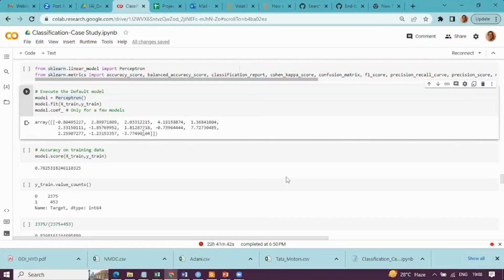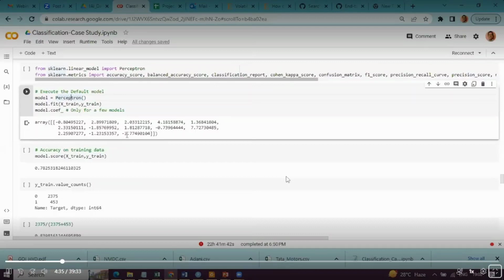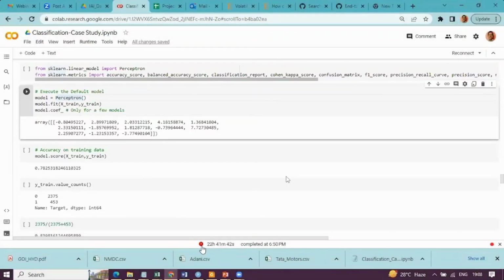Instead of 10 variables, which we got yesterday, today I'm getting 13 variables. Somewhere I would have ended up removing some additional columns. It could be because it was run on my hotspot, not Wi-Fi, and it took a good amount of time for the execution as well. Okay, so it has executed. We have executed the basic perceptron.